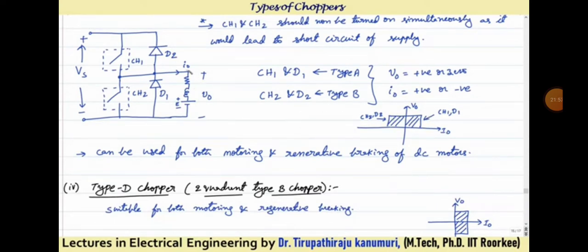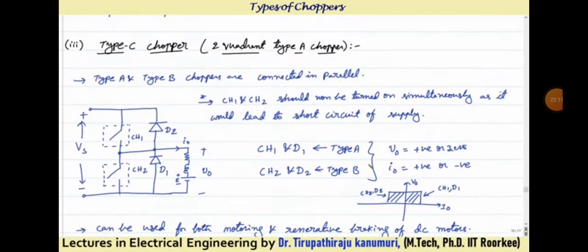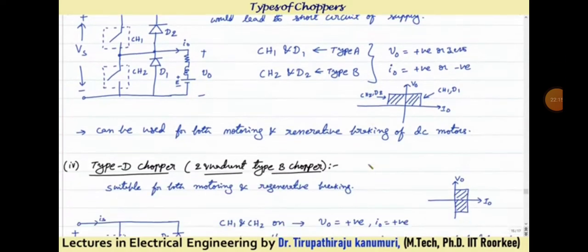That means your load is supplying power back to your supply or source. So this can be used for both motoring as well as regenerative braking of DC motors. Wherever you have DC motors for regenerative braking application, we always go for the type C chopper, which is the combination of type A and type B choppers.